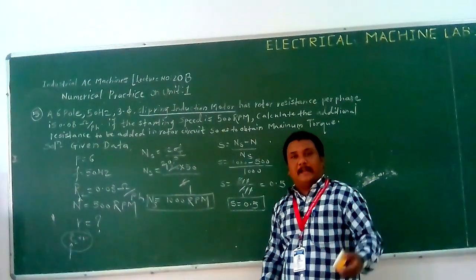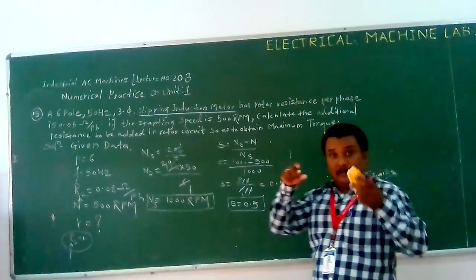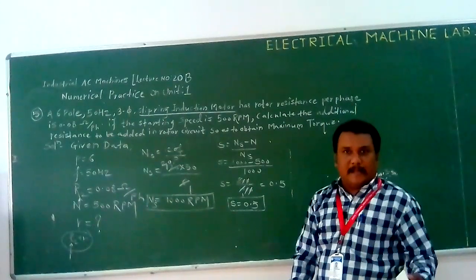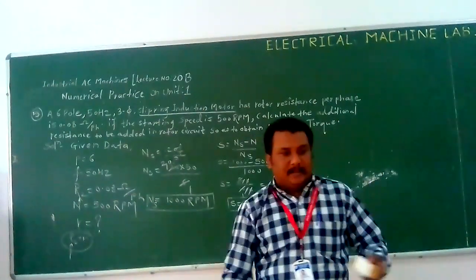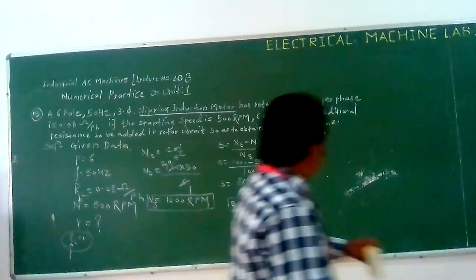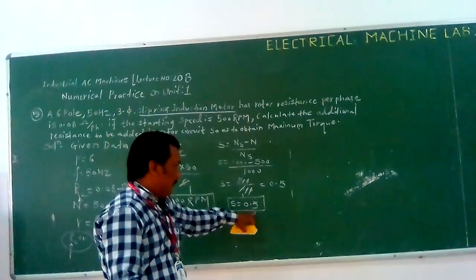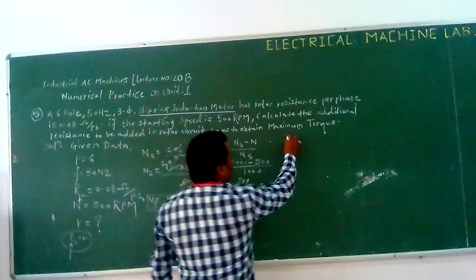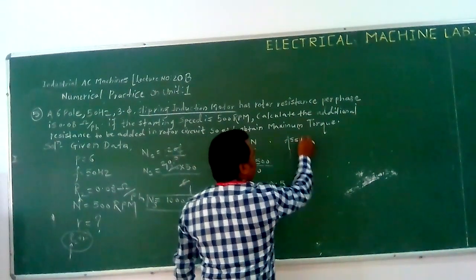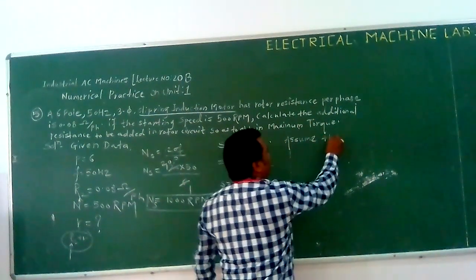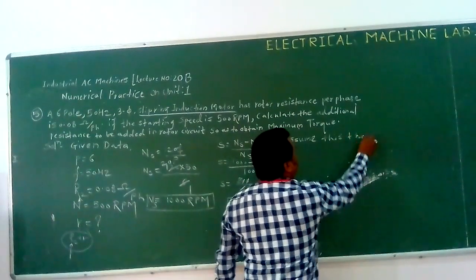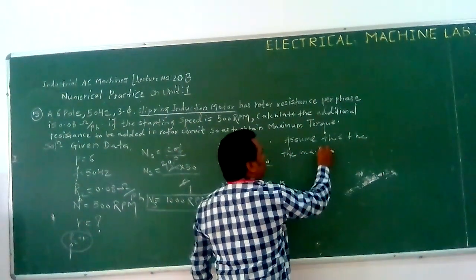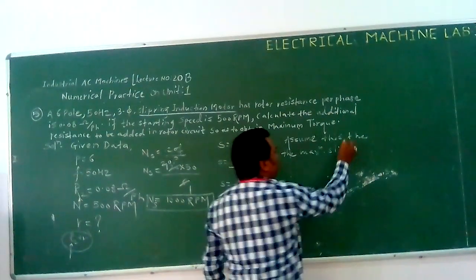Means we have to obtain the maximum torque during the starting instant, and from the theory it is clear that this slip value is equal to 0.5. We assume this is the maximum slip.